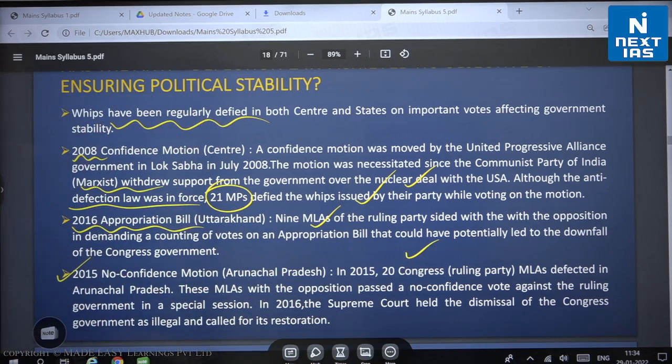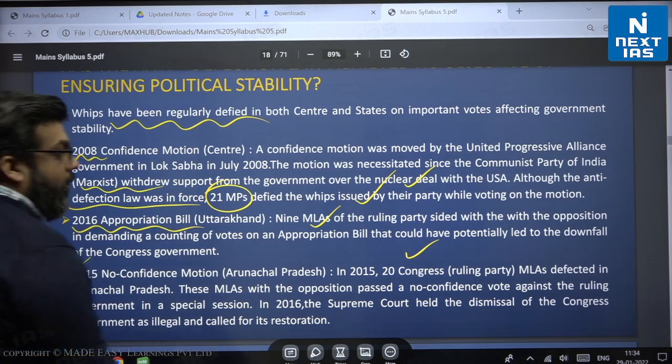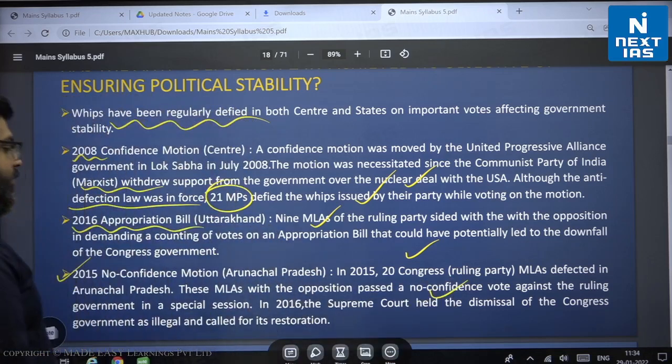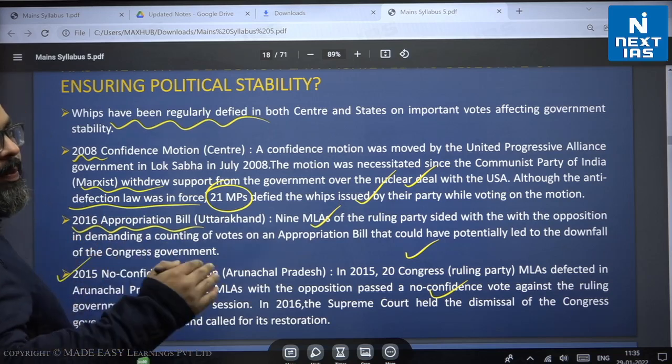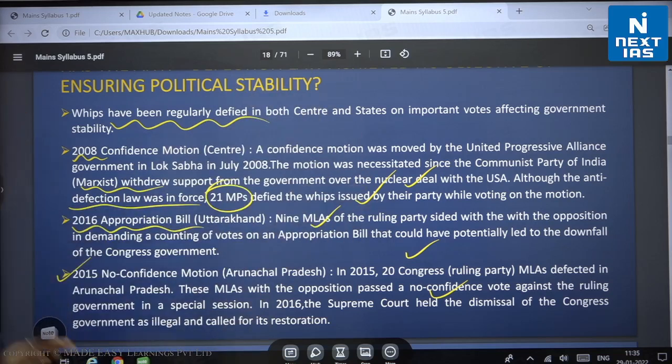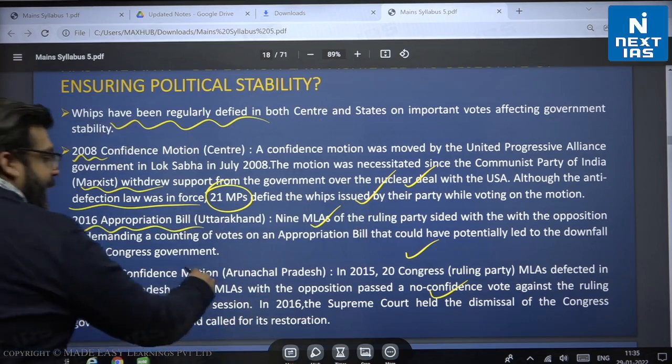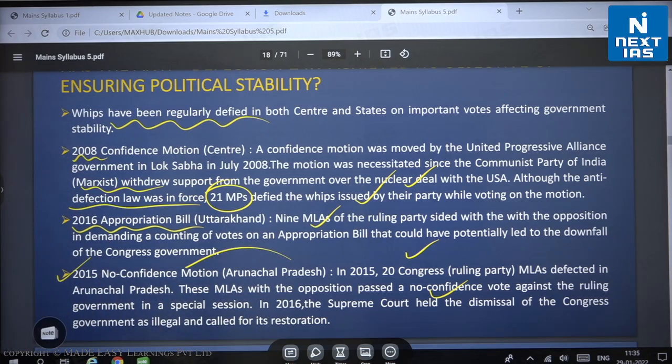These MLAs, with the opposition, passed a no confidence vote against the ruling government. मतलब बेसिकली क्या हुआ कि कांग्रेस के 20 MLA दूसरी पार्टी में चले गए और दूसरी पार्टी के साथ मिलकर नो कॉन्फिडेंस मोशन भी पास कर दिया. पहली बात, अब जा ही नहीं सकते थे. Supreme Court declared that no confidence motion is invalid and reinstated the government back in power.